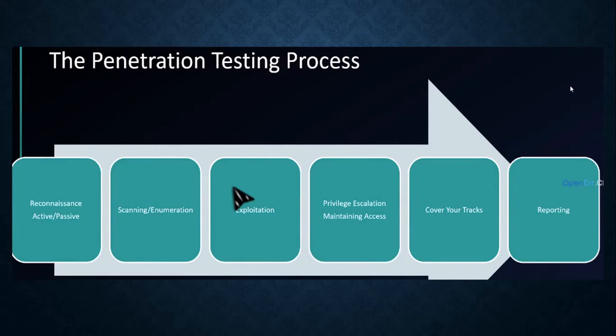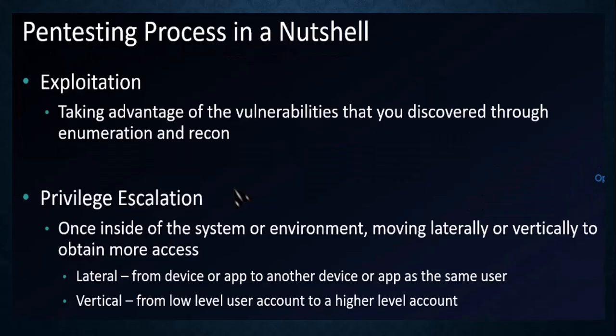You are going to do exploitation to exploit the app. You are going to do privilege escalation. Once you have exploited, you escalate your privilege, maybe laterally or vertically. Laterally from one app to another, vertically from one user to another user. After you must have done everything, you cover your tracks so that it won't be traced back to you, and you do reporting.